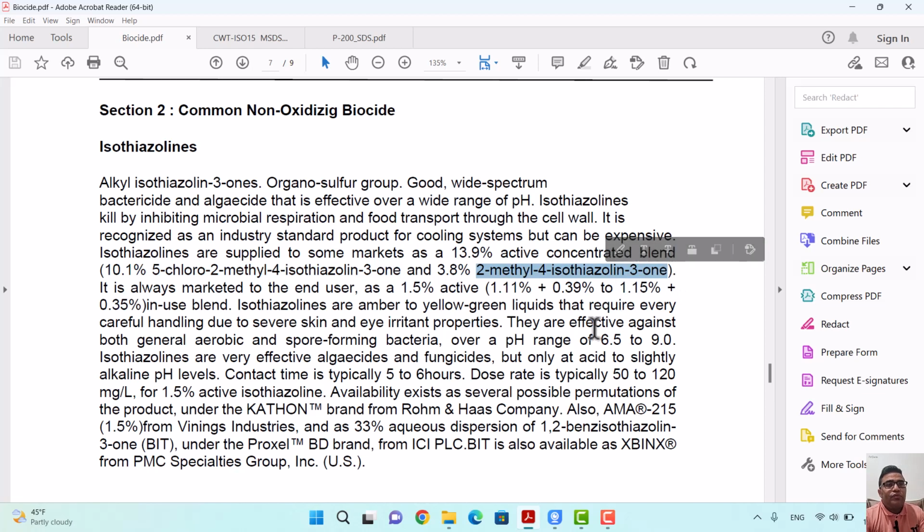Let me show you two products of two manufacturers of these isothiazolines.